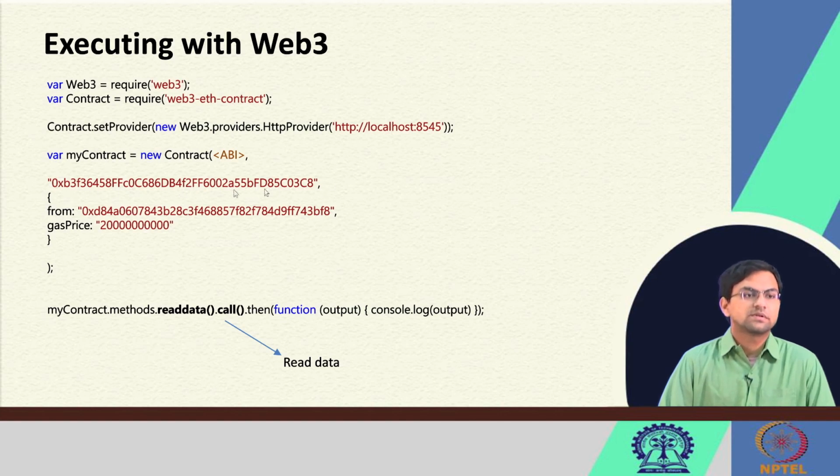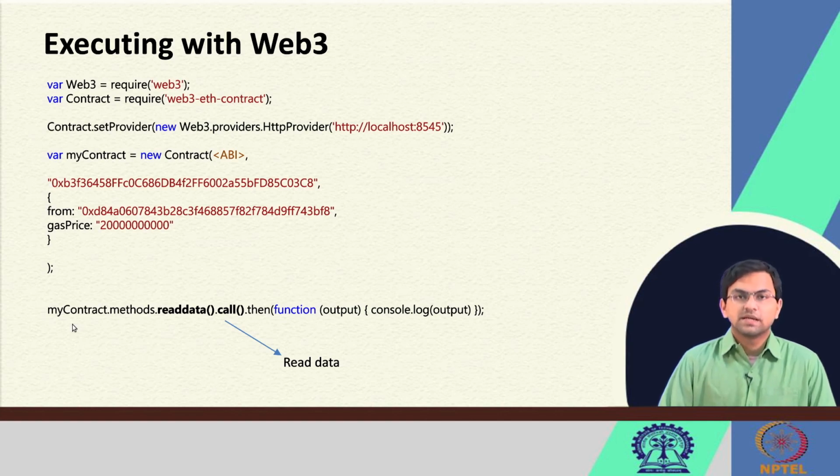The third argument says from which account the transactions will be sent to the contract. This is your account or whatever account the dApp is using, and a gas price. This gas price can be set according to the average gas price at which transactions are being executed in the Ethereum network.